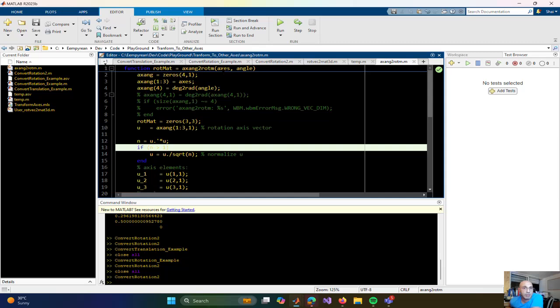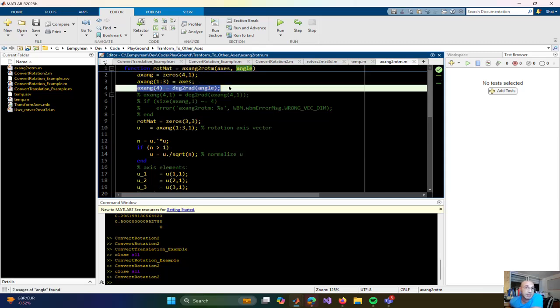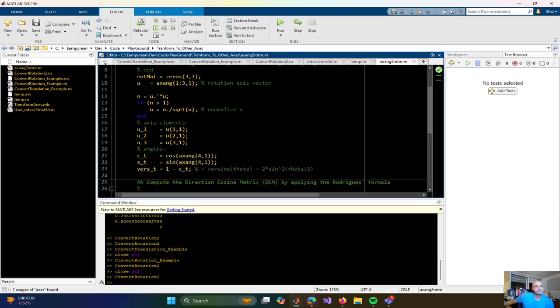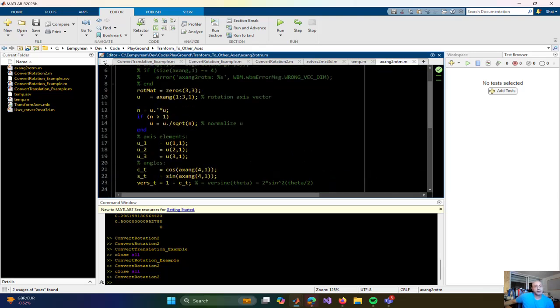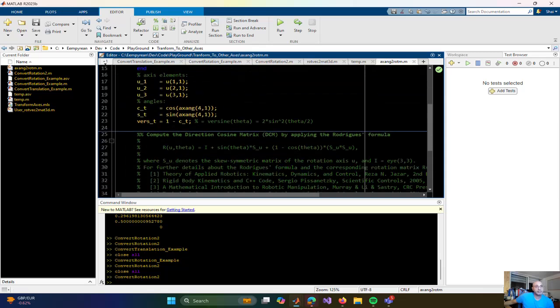So we have the axis and the angle. Here we chose to create a four-element vector where the first three are the axis, and the fourth is the angle. We verify that it is normalized, and we normalize it otherwise.